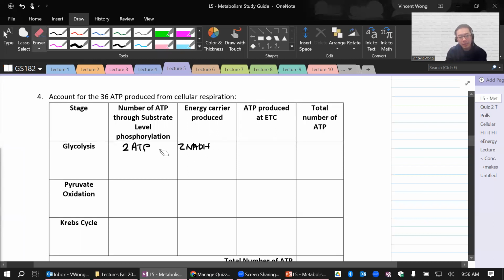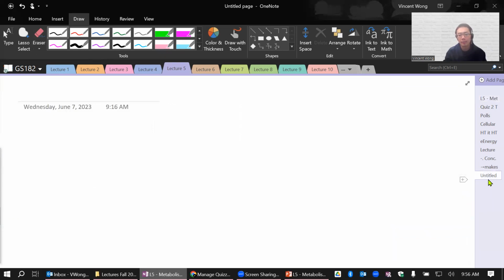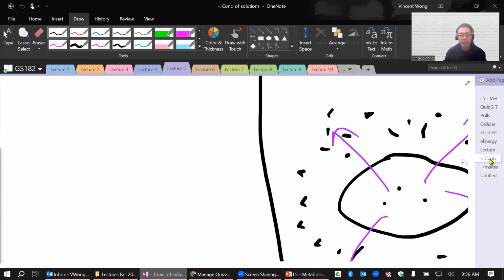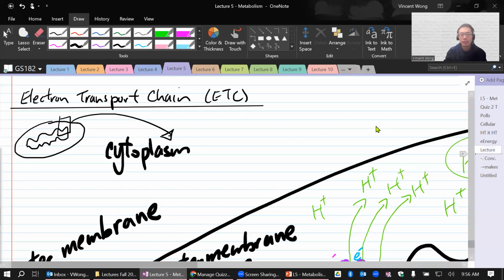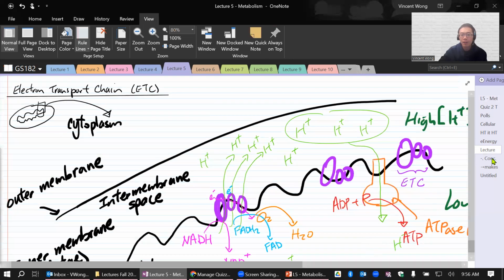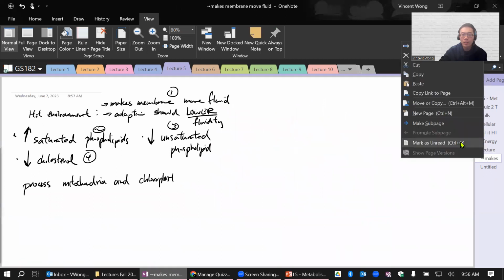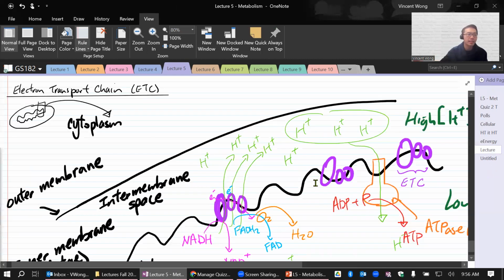Now, these 2 NADH are a little bit different from the rest. I'll tell you why. Let's go back to this note for a second. In glycolysis, where is glycolysis taking place in the cell? Do you remember? In the cytoplasm, that's right.